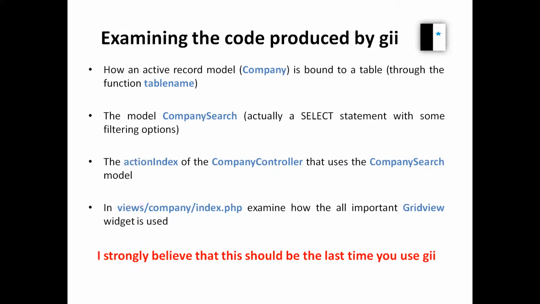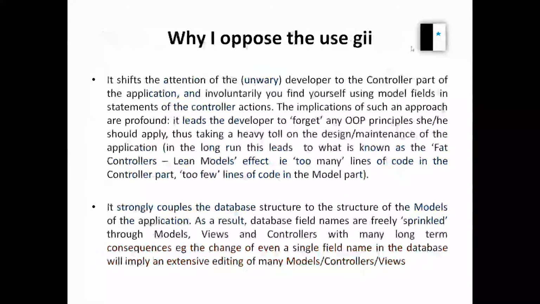Let's have a look at the view index.php in views company and examine there how the all-important Gridview widget is used. And once you have a good look at all this, I strongly believe that this should be the last time you use Yii. Why do I oppose the use of Yii?